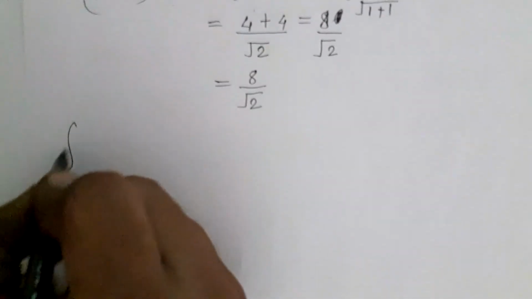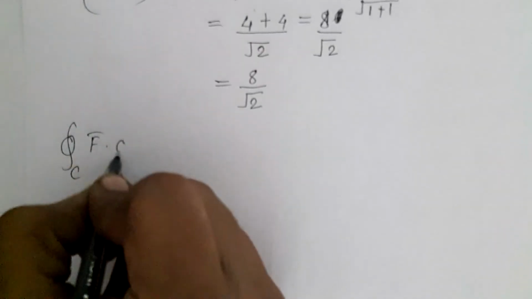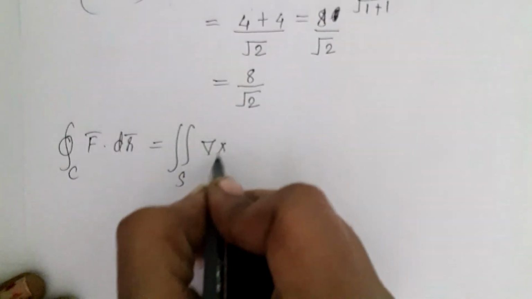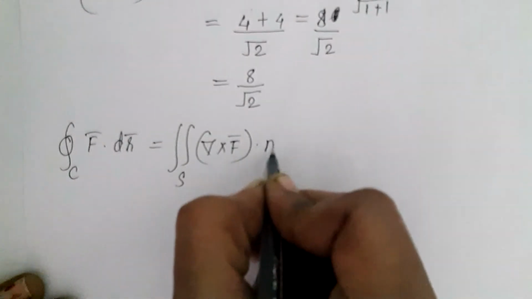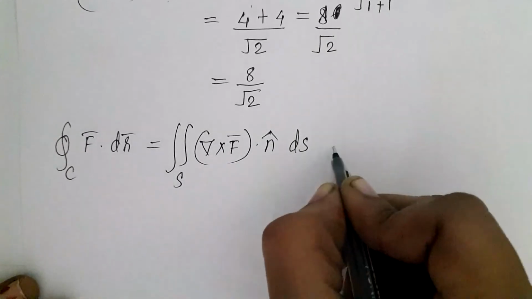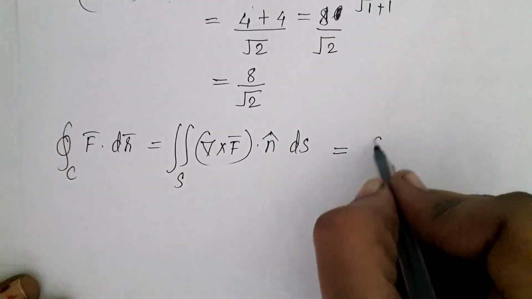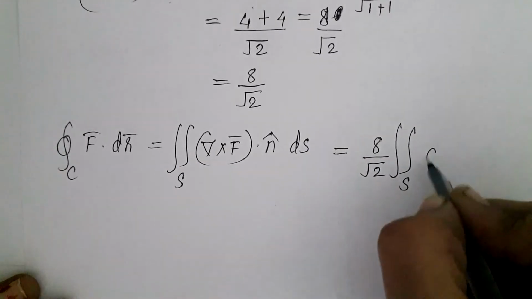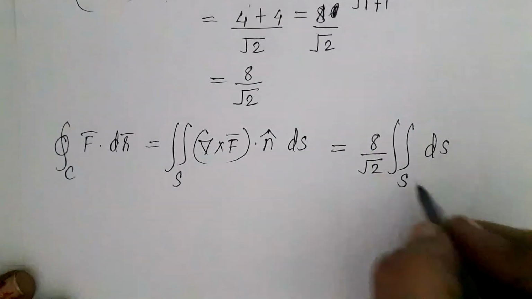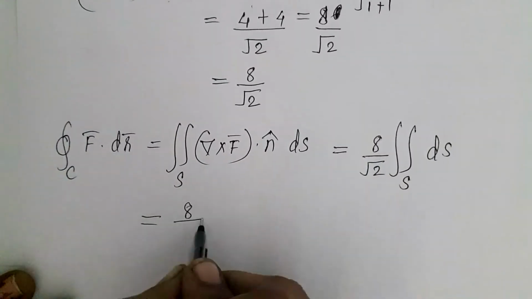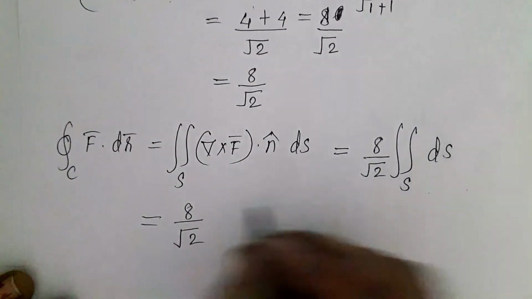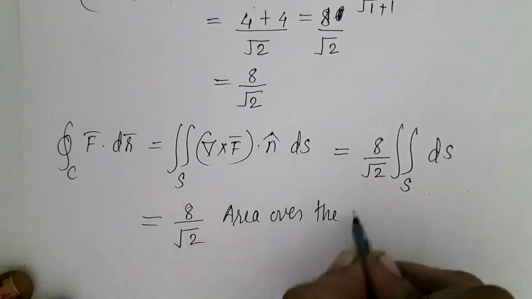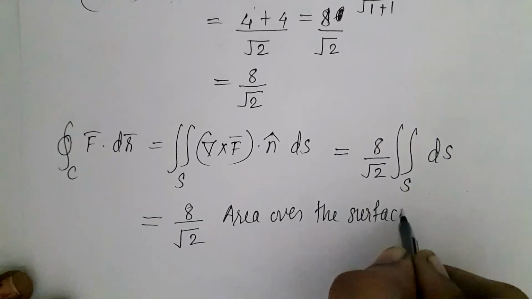Now the question is the integral over C of f dot dr. It is equal to the double integral over S of del cross f dot n cap ds. So this is equal to 8 by root 2 times the double integral over S of ds. Now what is this? This is 8 by root 2 times the double integral over S of ds, which means the area over the surface.